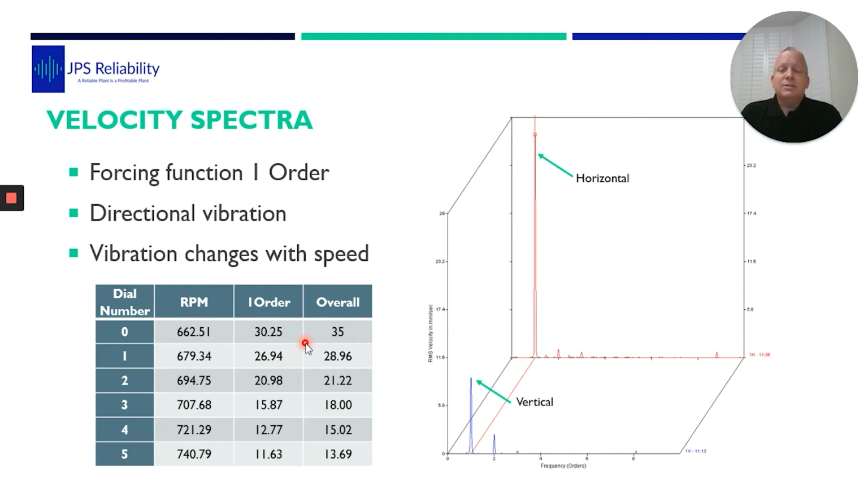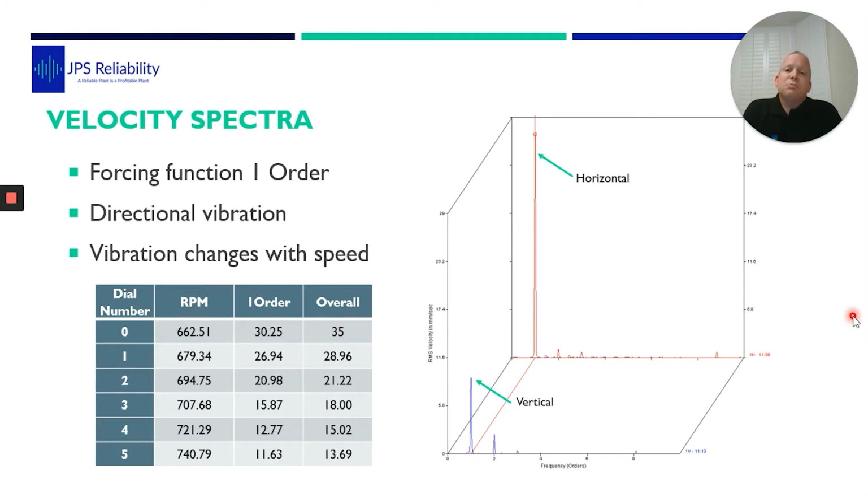With a resonance, we can either stiffen it, like on a guitar, if you stiffen up the strings, the pitch goes higher, so you can stiffen something to increase the resonant frequency, add mass to lower the resonant frequency, and also you can use damping to dampen the resonance. And the easiest one of all is to change the forcing function, but unfortunately with this one, you can't change the forcing function.